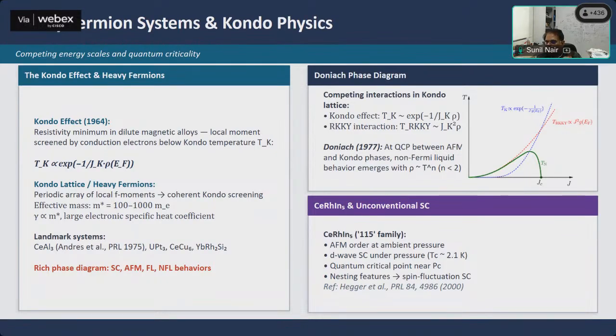So what you have is local moments, and one local moment tries to talk to the next local moment by polarizing the sea of conduction electrons in between. Now, what this is trying to do is to give rise to a magnetically ordered ground state. So as you can see, there are two competing interactions, one which wants a magnetically ordered ground state and one which does not want a magnetically ordered ground state.